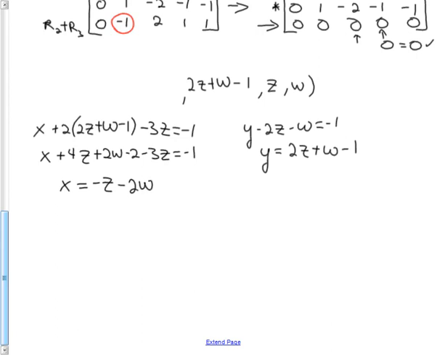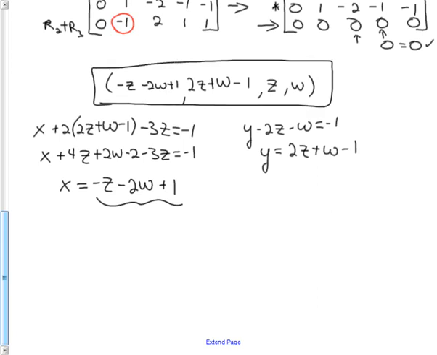We have a negative 2, so add that negative 2 to that 1, plus 1. There's our x. X is negative z minus 2w plus 1. There's our answer for that infinitely many solution one. You'd have to pick two values. Pick a w, pick a z, and then you could generate the others.